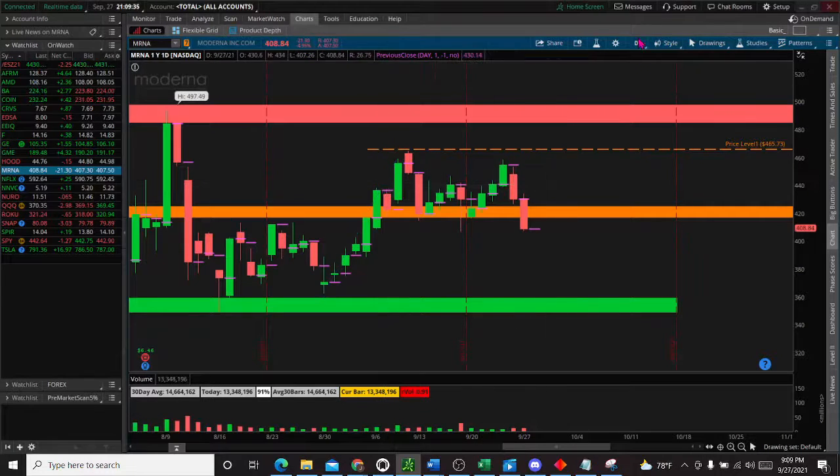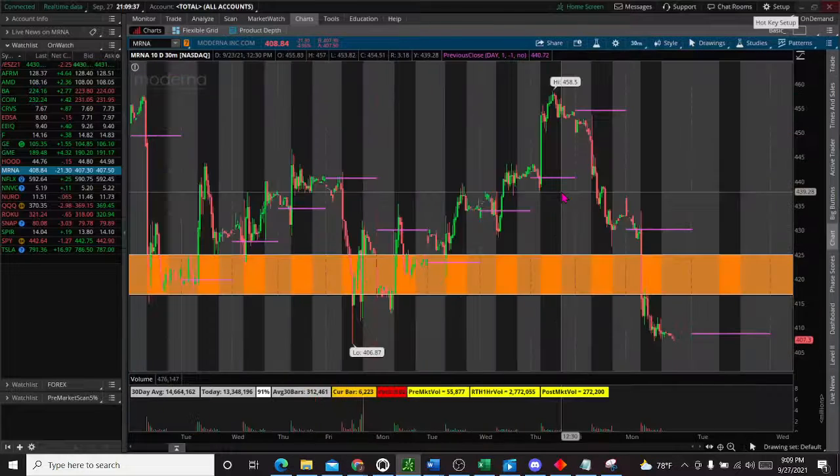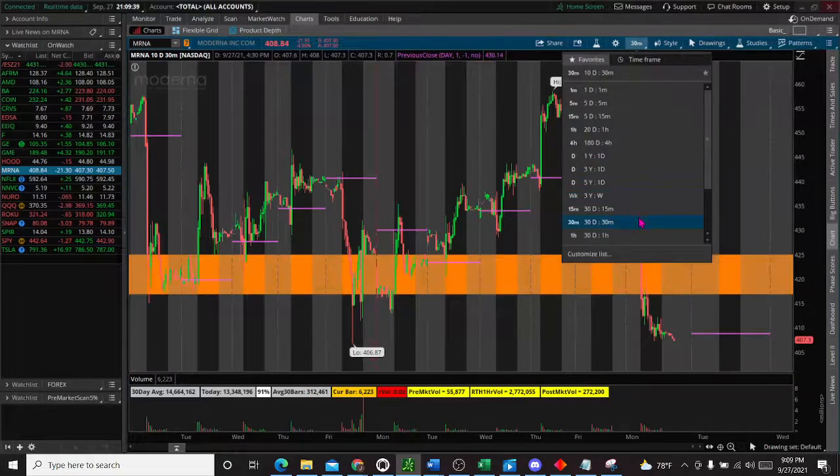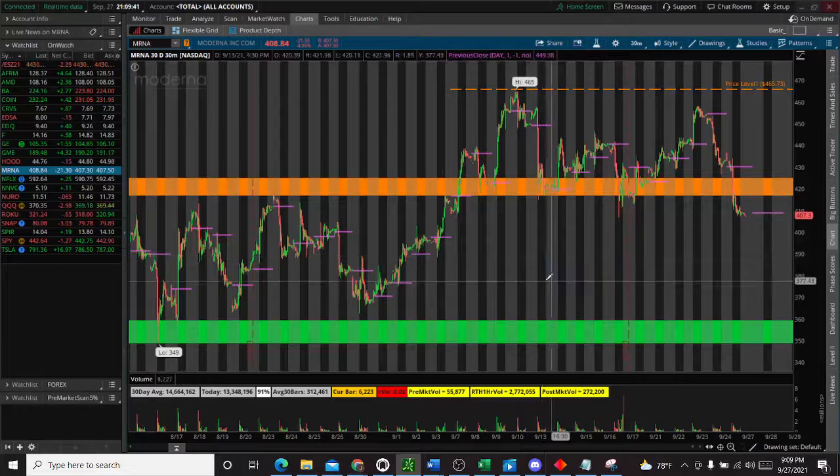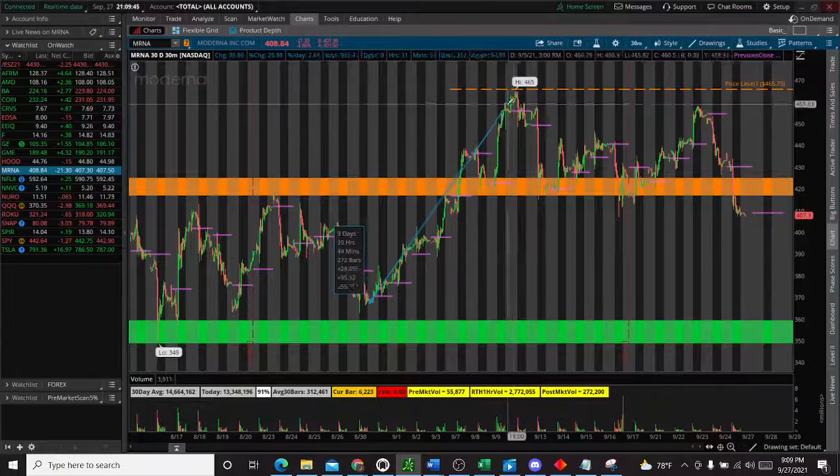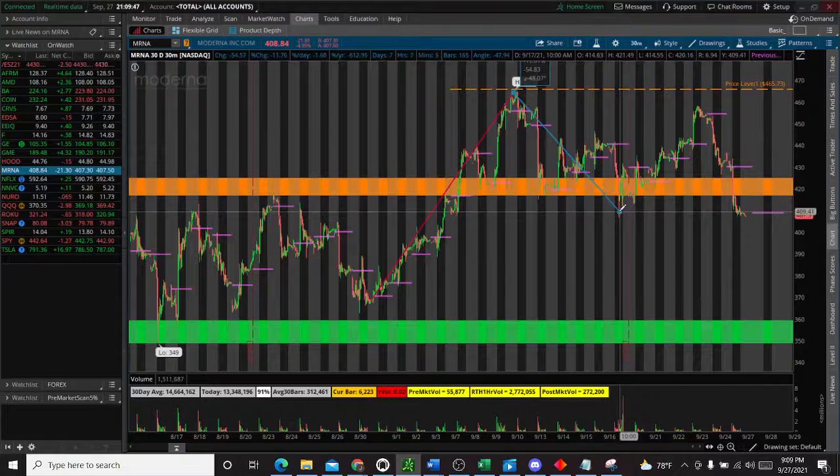If we break it down further, let's take a look at the 30-day, 30-minute chart. You can see that Moderna was also, so here's the double top, right?